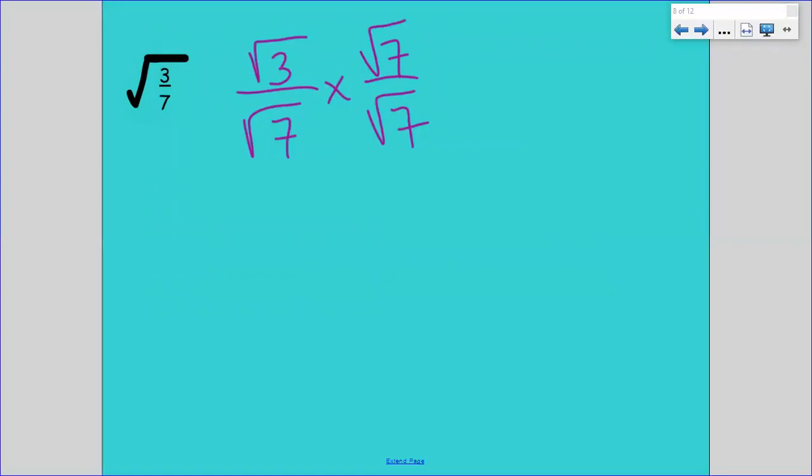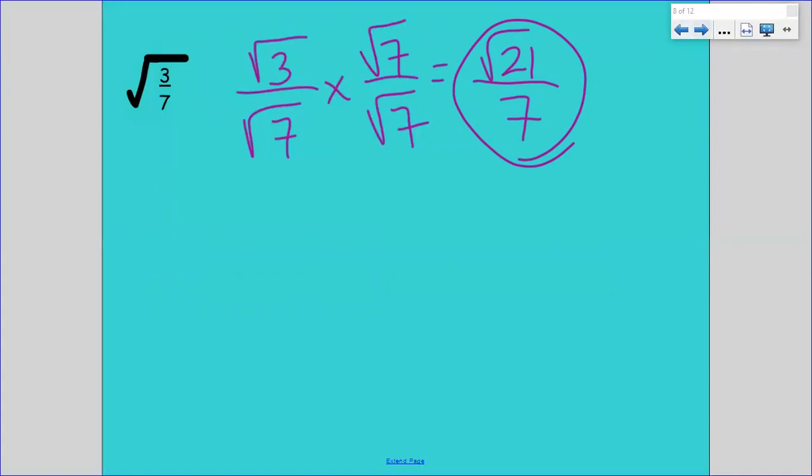So it basically makes the square root disappear. So now there's 7 at the bottom. At the top, we do the square root of 7 times the square root of 3, which we know is the square root of 21. Now, can any perfect squares be pulled out of 21? No. So here's my answer: square root of 21 over 7.